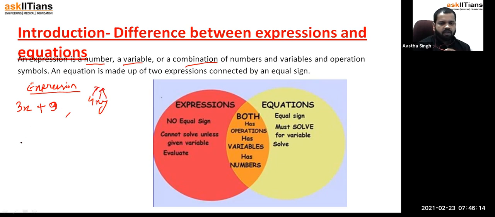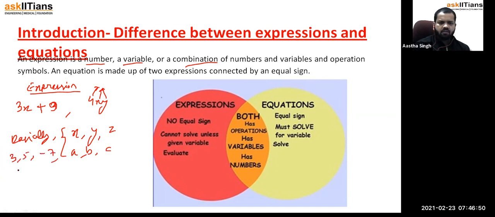Okay, what is variable and what is constant? Variable is something which changes, and constant is something which does not change. Generally, we suppose variables like x, y, z or a, b, c. These all are variables, which can take any value, right? And what is constant? Constants are our numerical numbers like 3, 5, -7, -8, right?